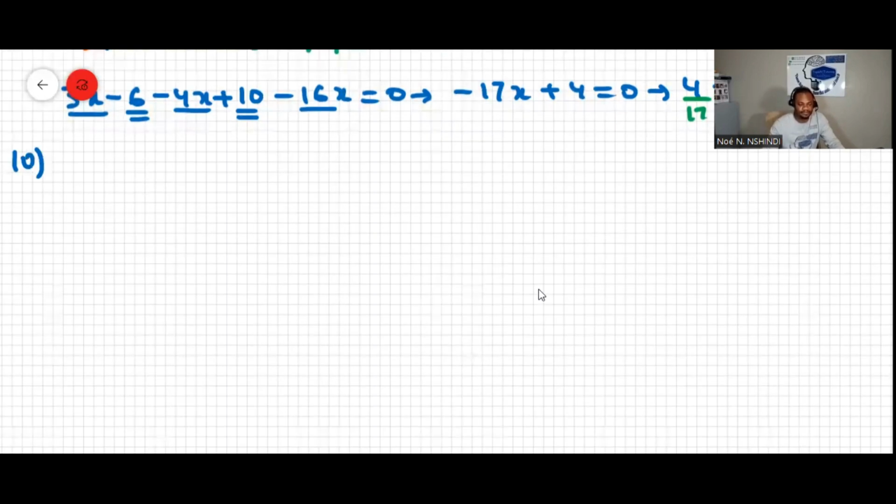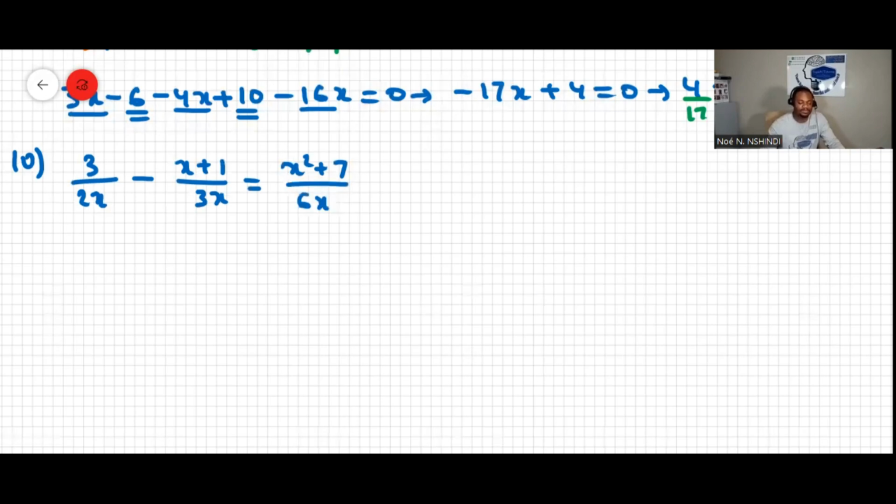Question 10 says that 3 over 2x minus x plus 1 over 3x equals x squared plus 7 over 6x.